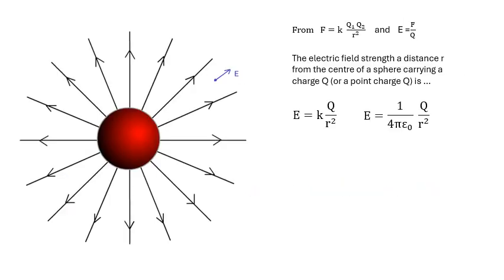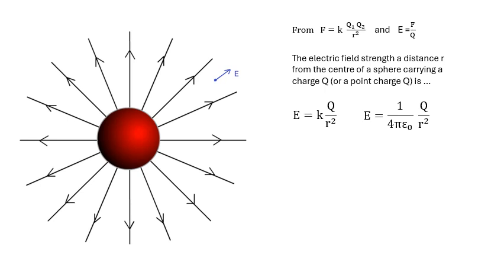Now, combining a couple of equations. We've got F equals K Q1 Q2 over R squared, and E equals F over Q. If we combine those two equations, we get an equation for the field strength due to this charged sphere, or due to a point charge. What we get is big E is 1 over 4 pi epsilon naught Q over R squared.